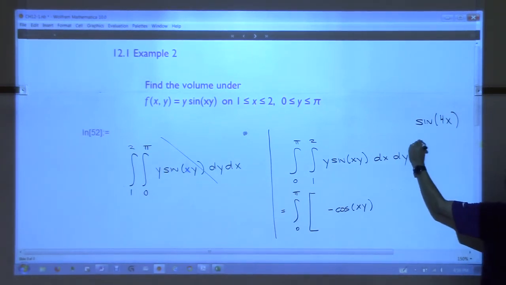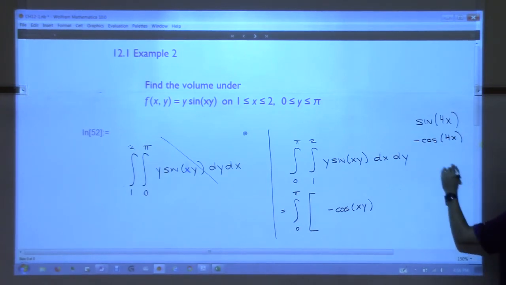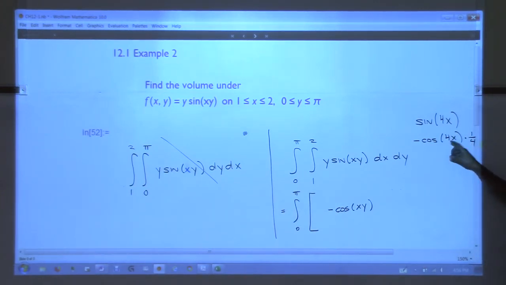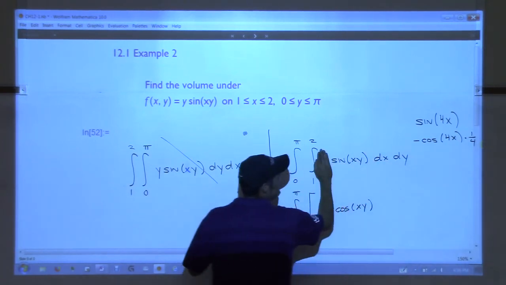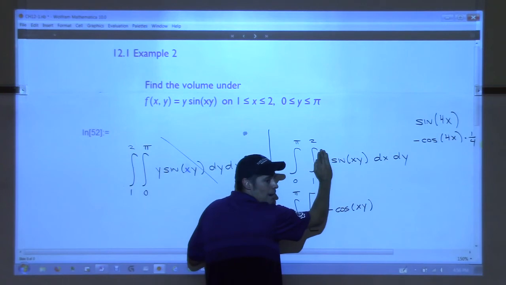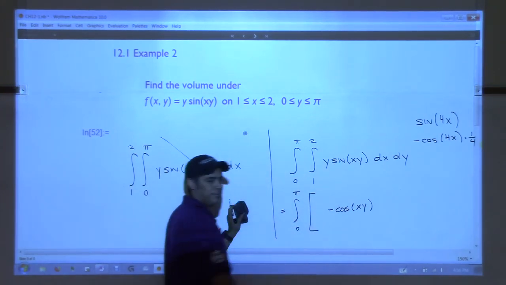Negative cosine of 4x, but you also need to multiply this times 1/4, because when you take the derivative of what's inside, you're going to get 4. So you have to scale it by 1/4 to kill it off. So if I do the antiderivative of just that, I get negative cosine of xy times 1/y. But I already have a y out here, so yeah.